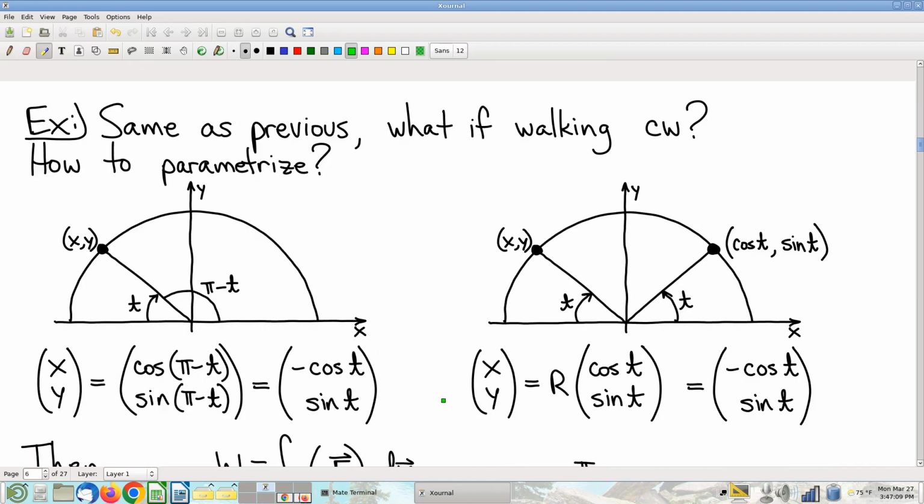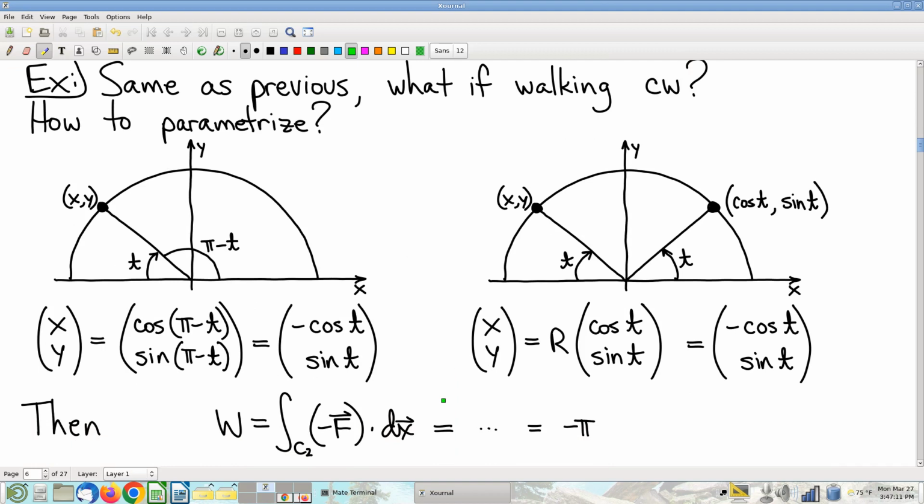Right. Okay, so we're going to revisit that example that we looked at previously, top half of the unit circle, vector field, forces, work, all that business. This time, though, we're going to go clockwise. So that direction across the top half of the unit circle.